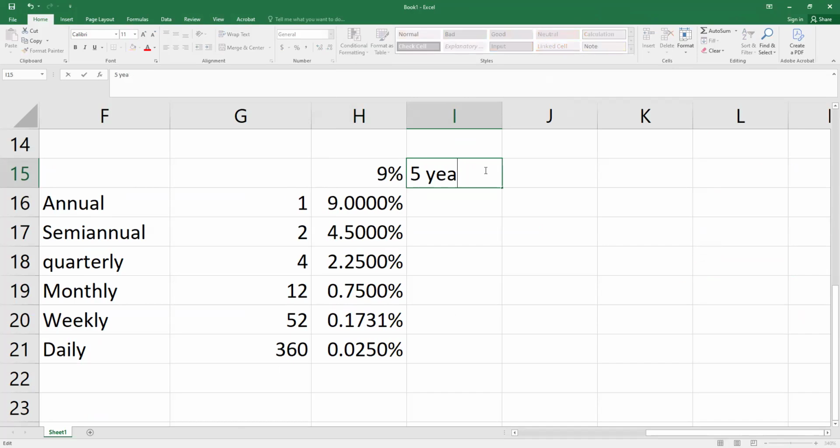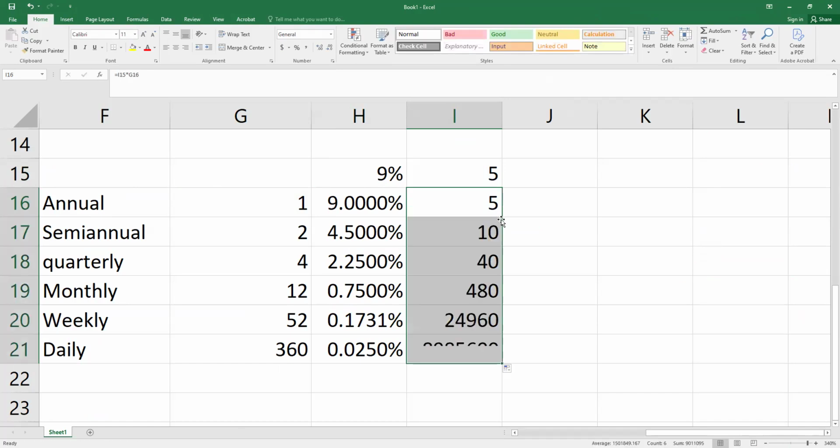In terms of periods, 5 years is 5 periods annually. If it's semi-annual, 5 years gives 10 periods. If it's quarterly, we have 20 periods. If it's monthly, we have 60 periods. If it's weekly, and so on.